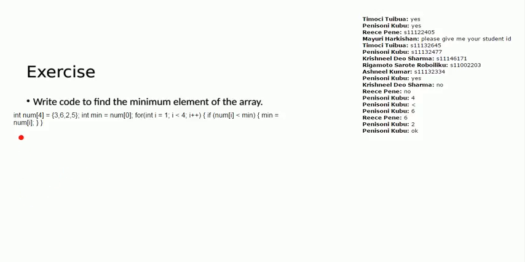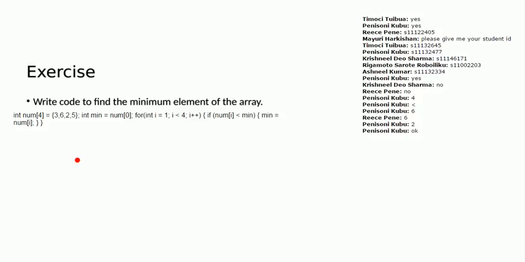Let's go back to the for loop, and now our index will be I plus plus, which is 2. I is less than 4, 2 is less than 4, true. So if num I, which is 2, so at index 2 we have 2, right? num I, index 2 is 2, is less than min. Min is 3.